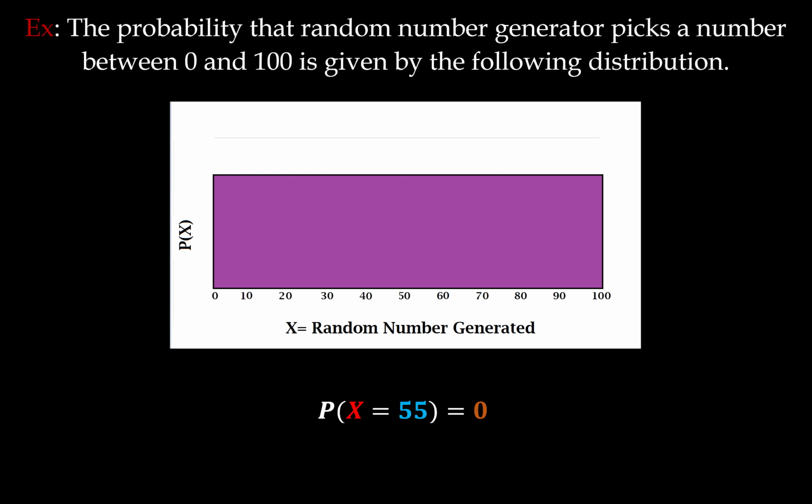Then the probability that 55 will be the number generated is 0, since the area of the column is also 0. What is the probability that the number generated is 97.365? For the same reason as before, it would also be 0.